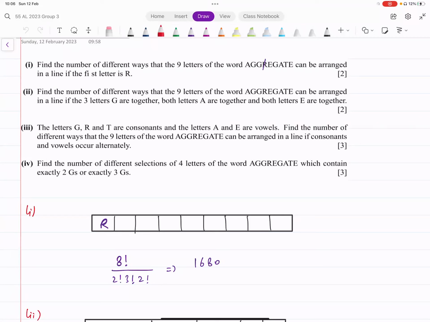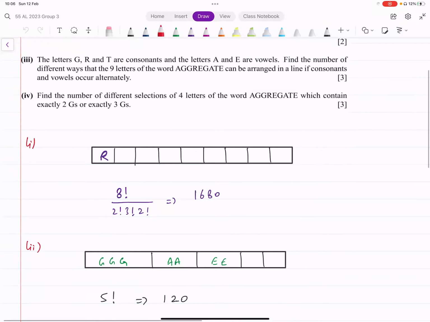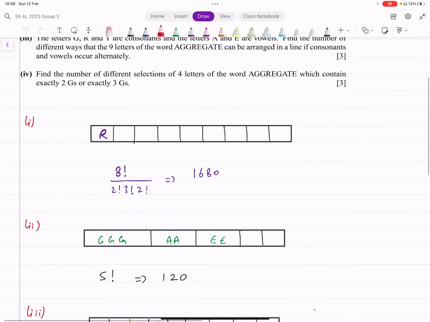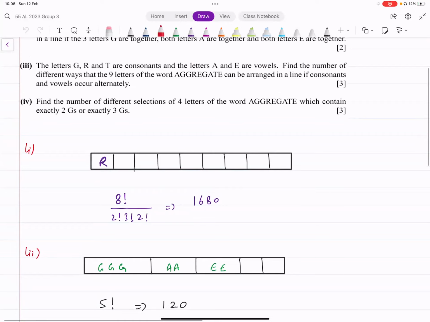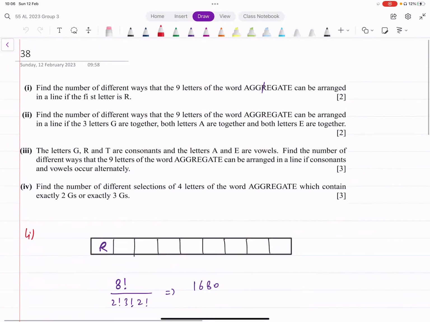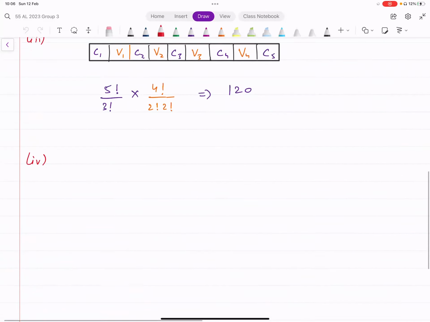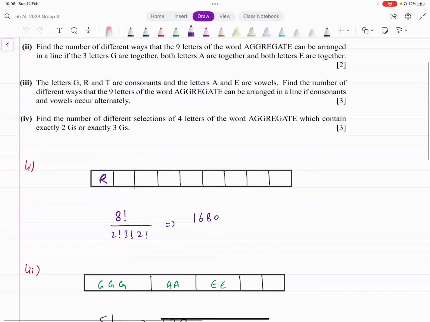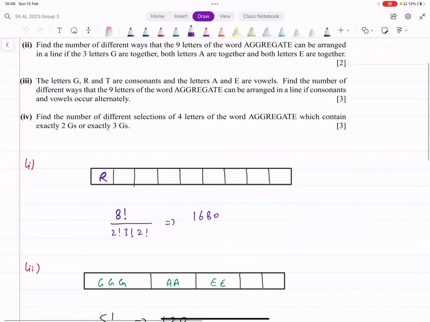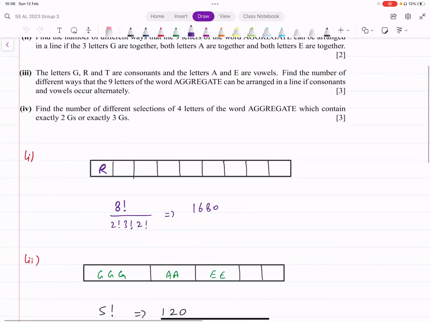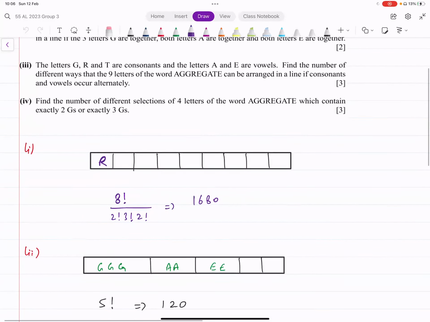In how many ways can we do the selection now? Let's think about this. We want exactly 2 G's or exactly 3 G's, and we have a total of 4 letters. Now remember, when you have combinations, you can't directly handle the repetitions.